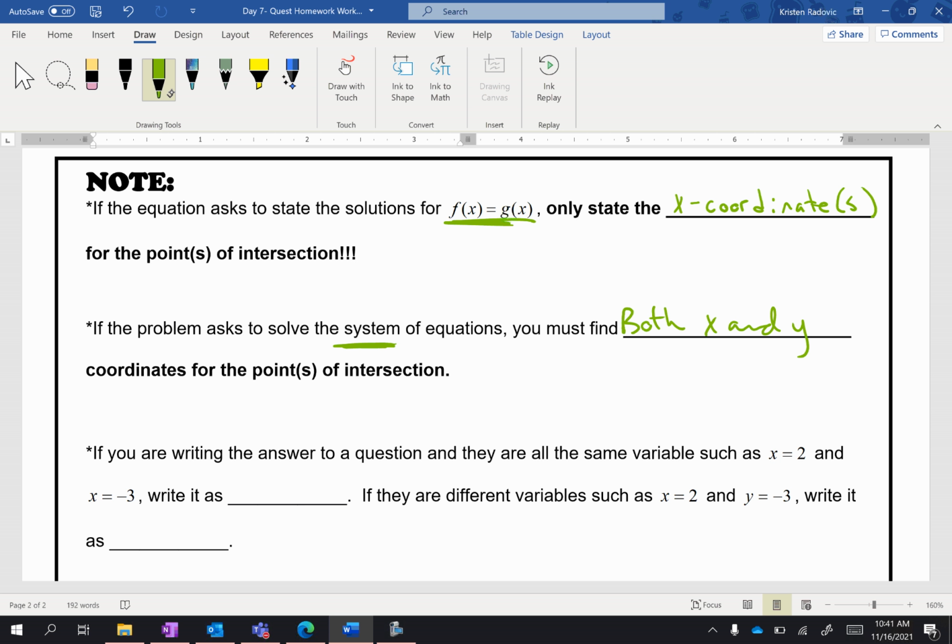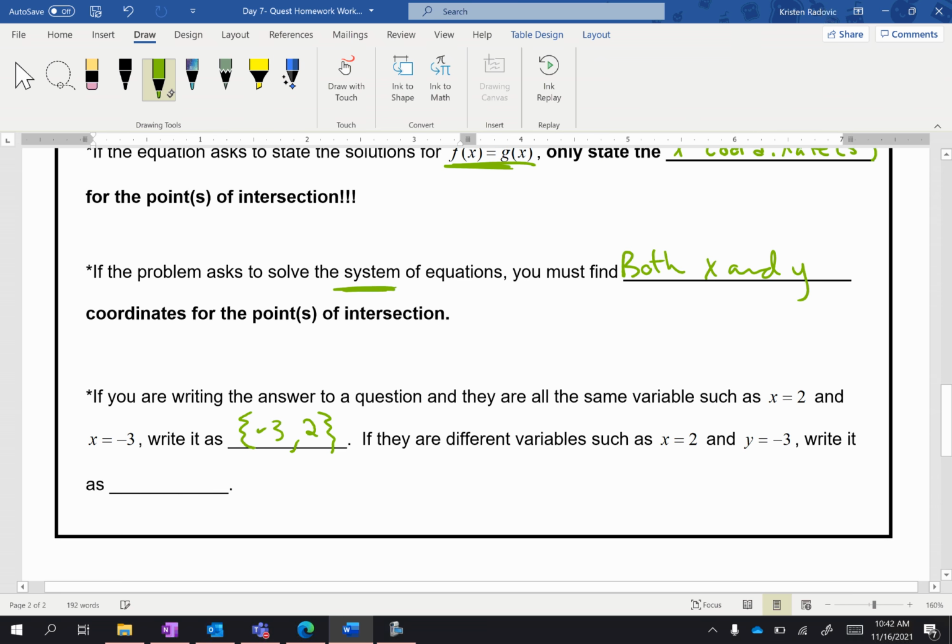In other words, if you are writing the answer to a question and they are all the same variable, such as x equals 2 and x equals -3, that goes into a solution set. However, if you have different variables, x and y, that becomes a coordinate, which would be 2, -3.